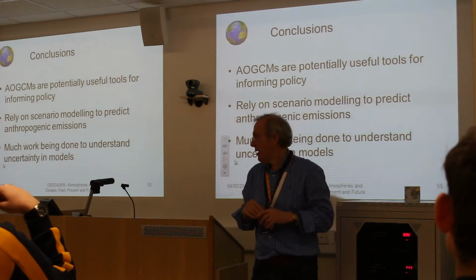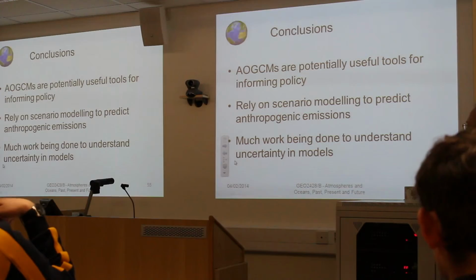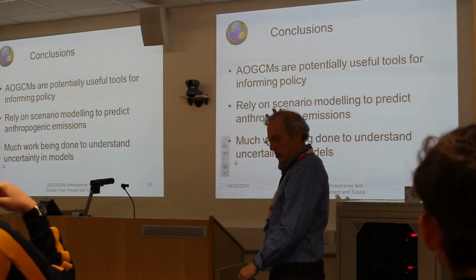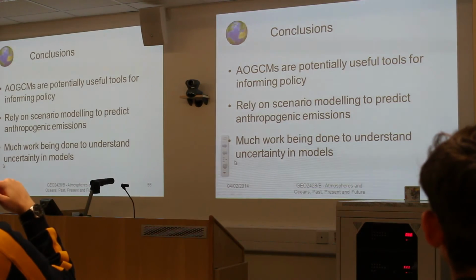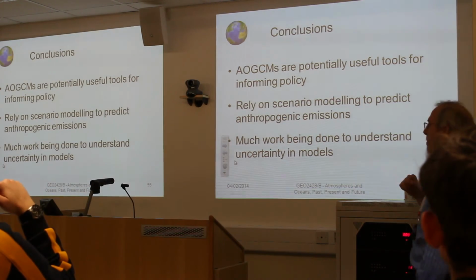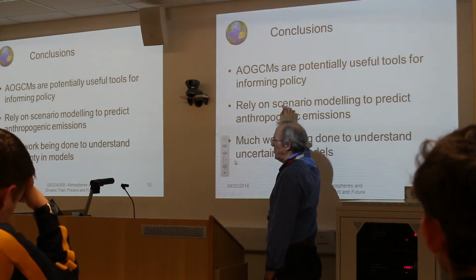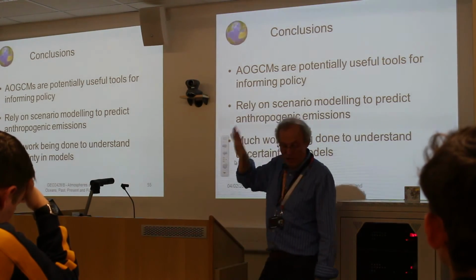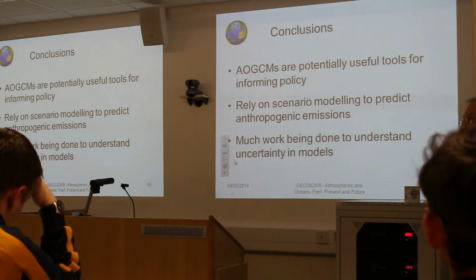It's too hot anyway. So effectively, the whole modelling thing is that we've now got AOGCMs which are used as the basis for informing policy about things that could lead to changes in climate. However, the science relies heavily on scenarios. The same models will give you very different outputs if you change the scenario of what you expect the model to do.